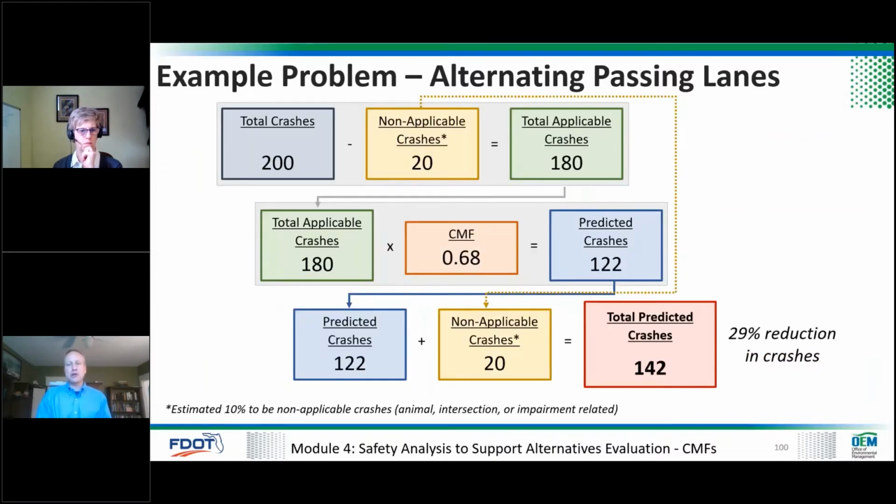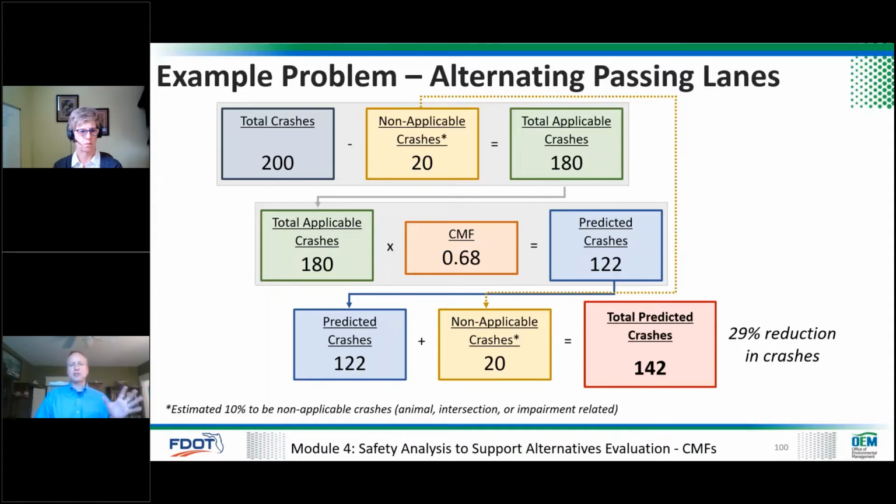And here is the calculation of how you would use that 0.68. You have 200 crashes in the first box. In the next box, the crashes that are not applicable number 20, and that's animal, intersection, and impairment related. So you take out those 20 crashes. You're not going to be able to reduce those.